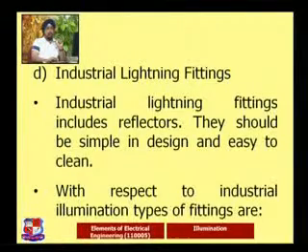Industrial lighting fittings include reflectors. They should be simple in design and easy to clean. A reflector is generally going to reflect the light, whether it is direct or indirect lighting, depending on the requirement. When we design the reflector, the design should be simple.